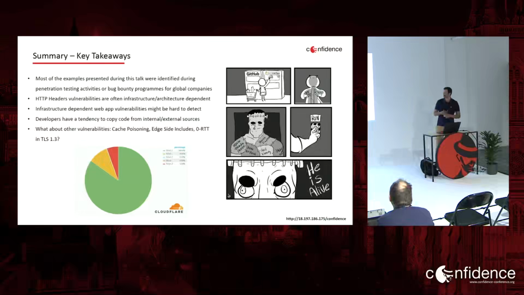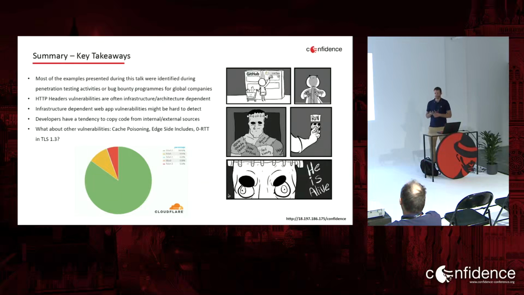What's even more important is that we have more and more vulnerabilities which are directly related to the underlying infrastructure. For example, cache poisoning is one of them. Edge side includes is a vulnerability which is dependent on the caching servers which might be in front of the application.